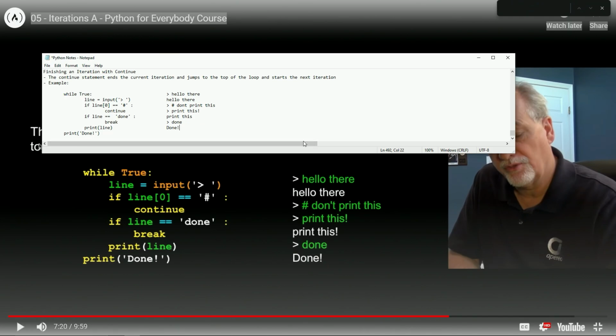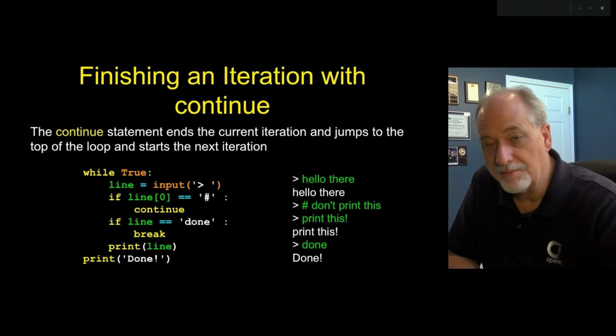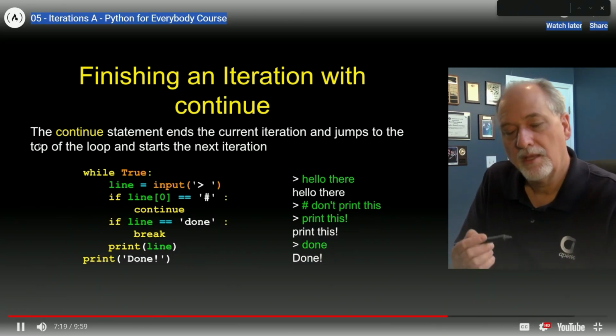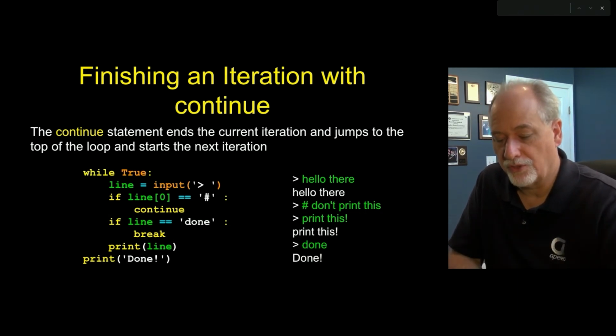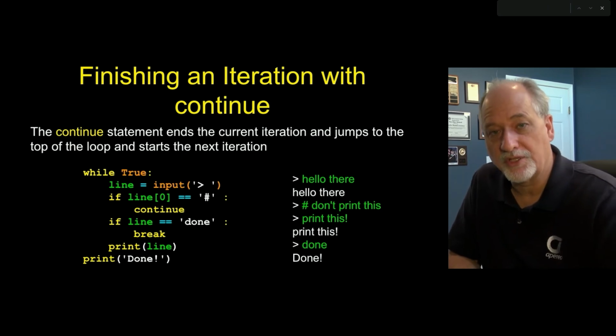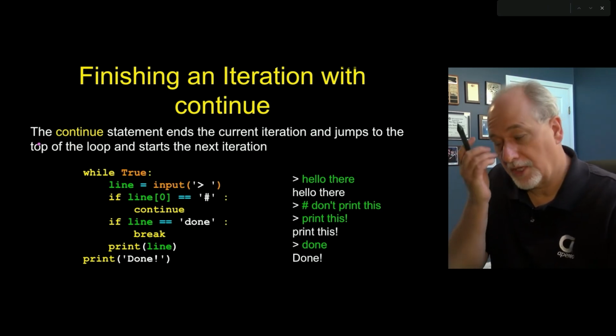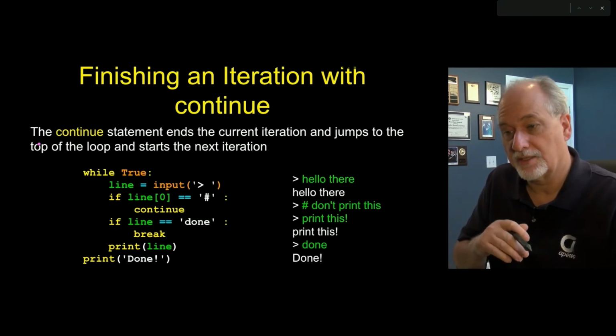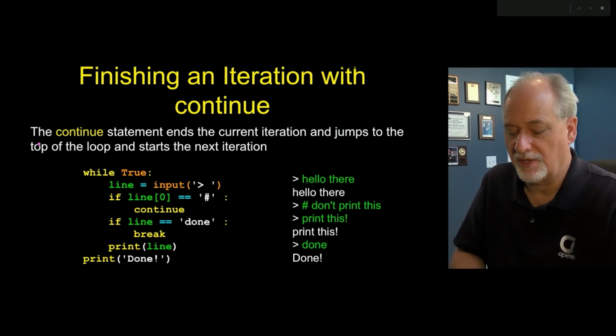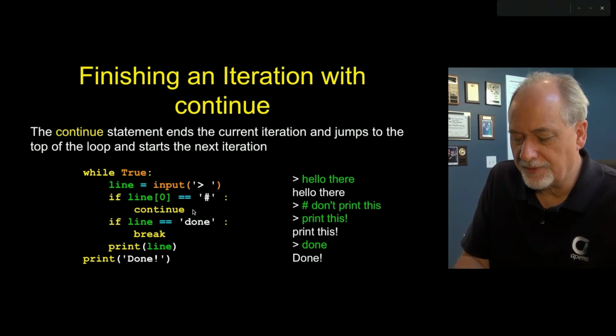So let's hear Dr. Severance tell us. Continue is another loop control statement, but it works differently than break. So break says get out of this loop. Continue effectively says stop this iteration. We're done with this iteration, and so continue says go back up to the top of the loop.